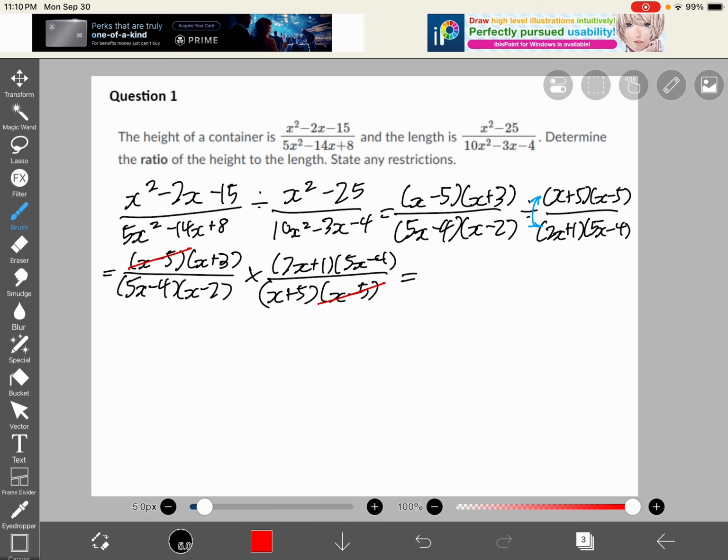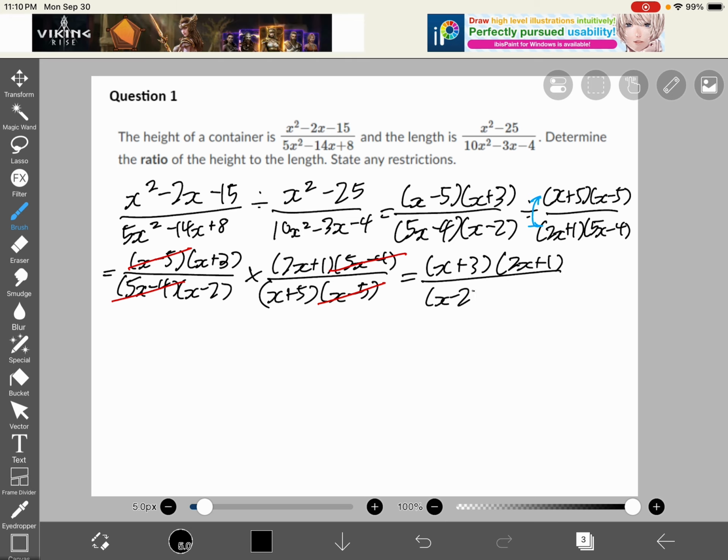We can take it out. What else can we take out? 5x minus 4, 5x minus 4. Okay, and then we can simplify it into x plus 3, taken from the first one, times 2x plus 1 over (x minus 2) times (x plus 5). And that's the answer to this.